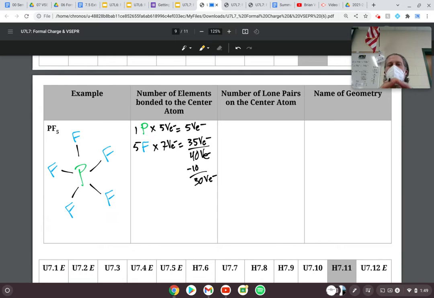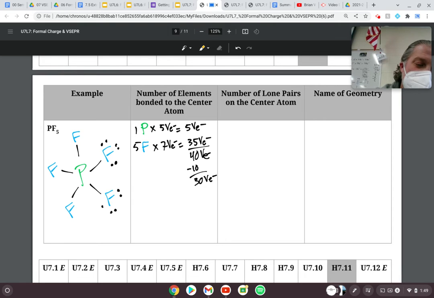I have 30 electrons left to go, and 30 divided by 5 is 6, so it works out. So 2, 4, 6, 8, 10, 12, 14, 16, 18, 20, 22, 24, 26, 28, 30.